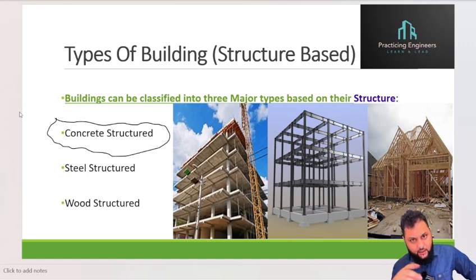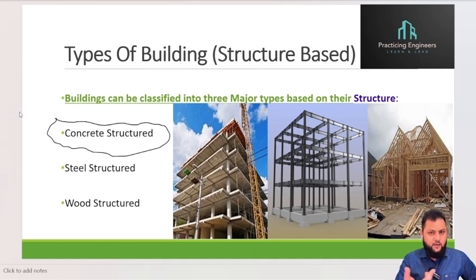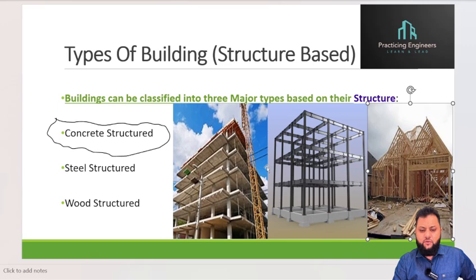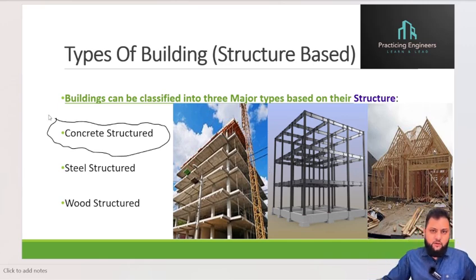In concrete structure there are different types: precast and in situ concrete structures. In steel structure there are PEB, pre-engineered buildings, normal buildings, and then many subtypes. And there are wood structures also, mostly used in European and Western countries.